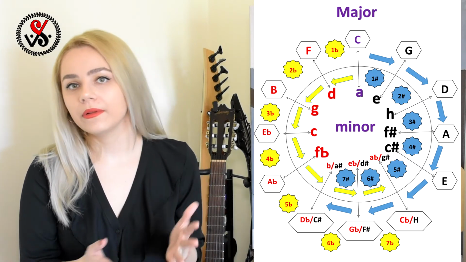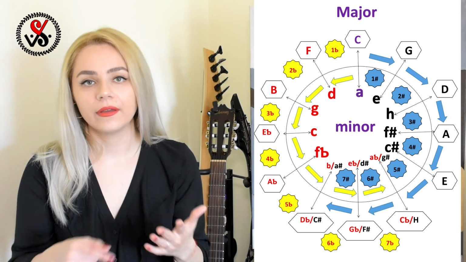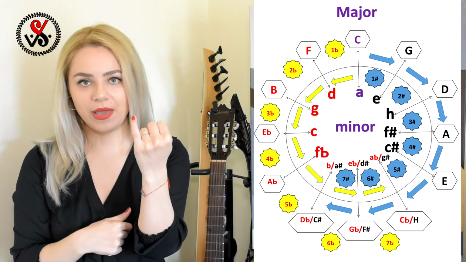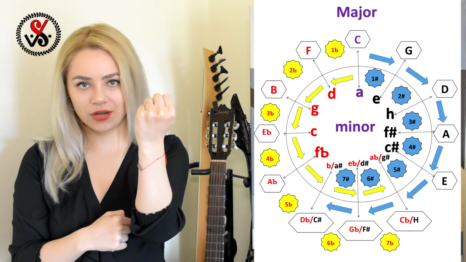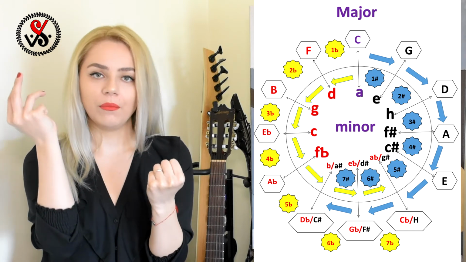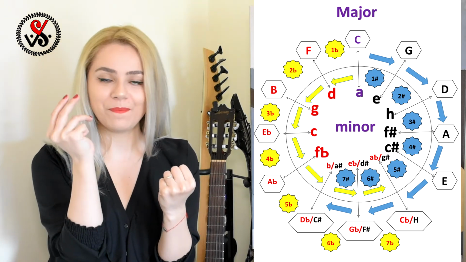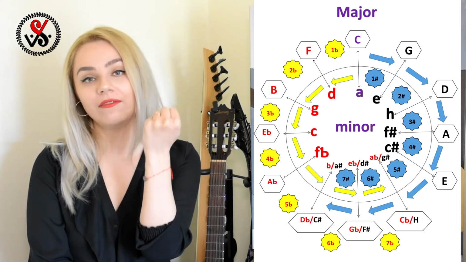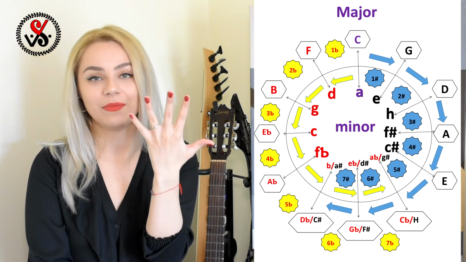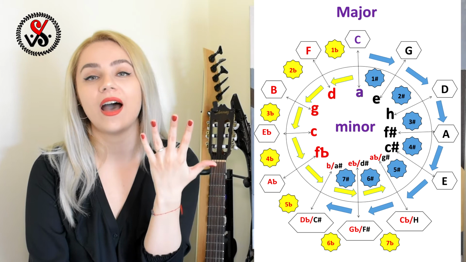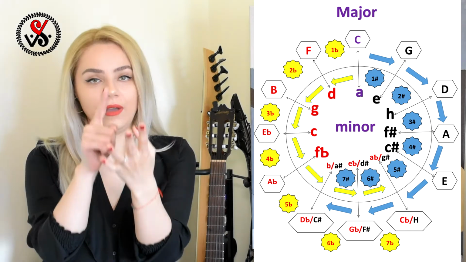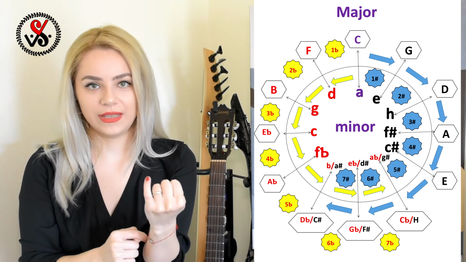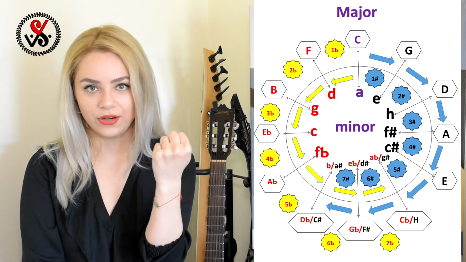Or for example, H major: C major, G major, D major, A major, E major, H major. But we remember in C major there are no accidentals, minus 1, and we have only 5 fingers left, and that means in H major there are 5 sharp accidentals: F sharp, C sharp, G sharp, D sharp, and A sharp.